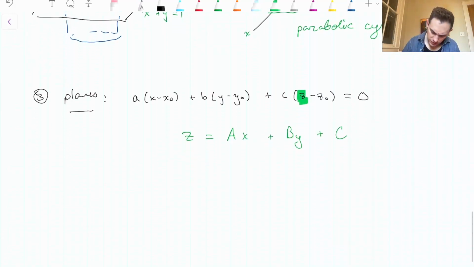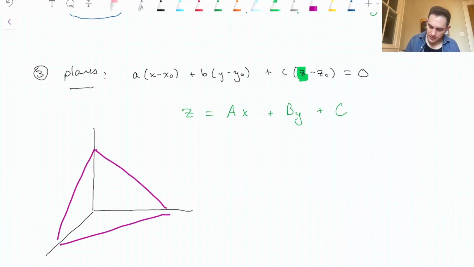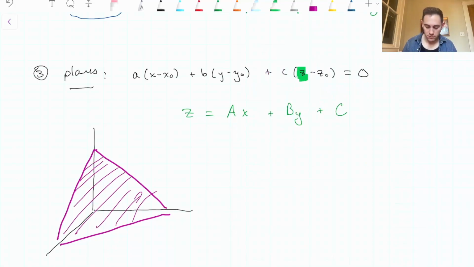So what does a plane look like? Of course, you already know that a plane is going to be some sort of flat object in 3D space that is defined geometrically by the fact that it has a normal vector. So there's this normal vector n.